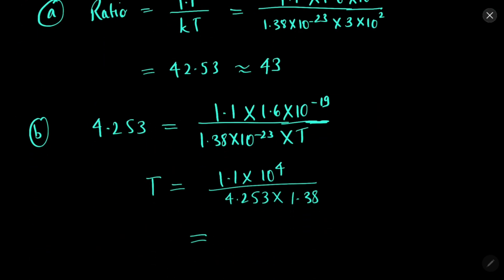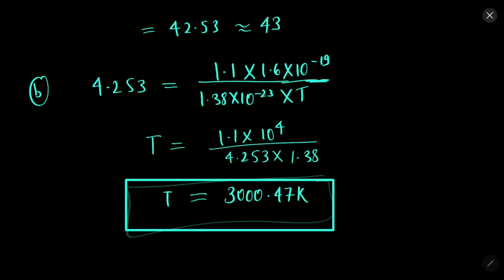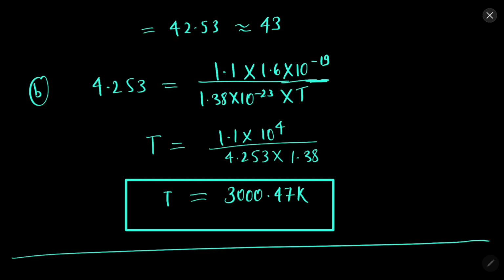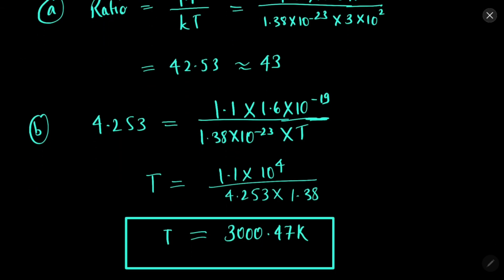Okay, so now after solving this, we will get 3000.47 Kelvin. So at this temperature, the ratio will be 1/10 of the ratio at the temperature 300 Kelvin.